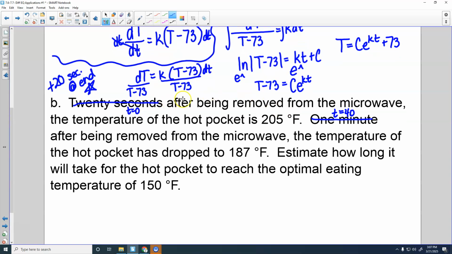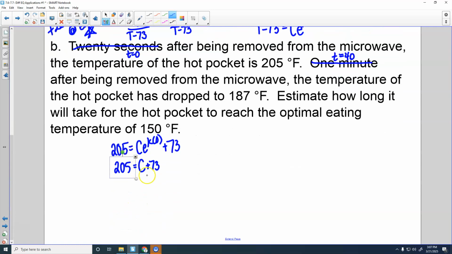So we would start off with our capital T. We got 205 equals C e to the k times 0 plus 73. E to the 0 is just 1, so 205 equals C plus 73.